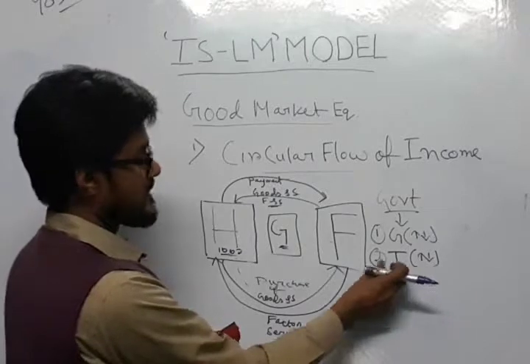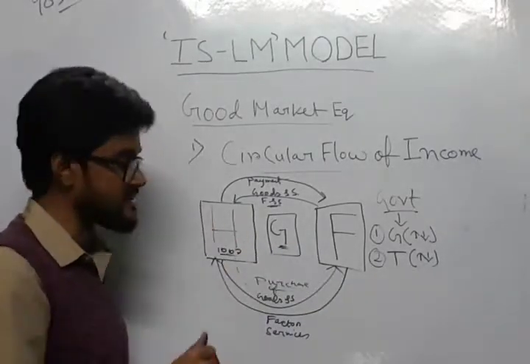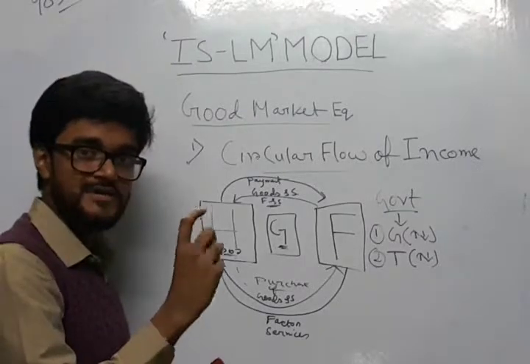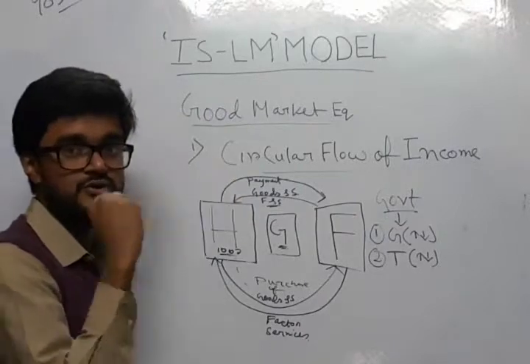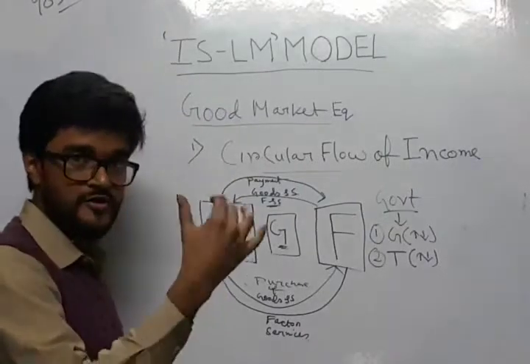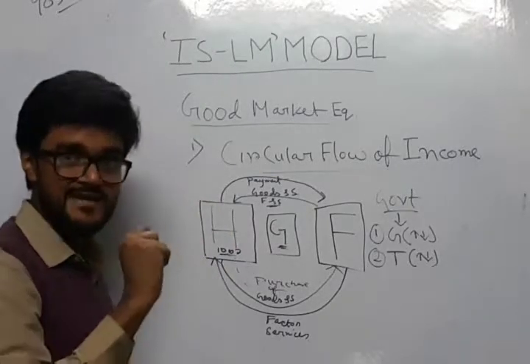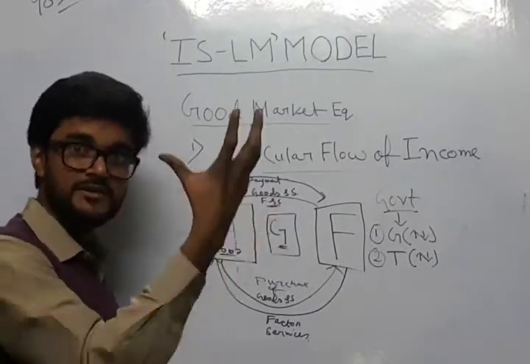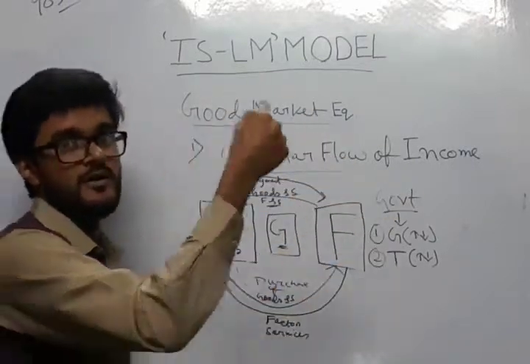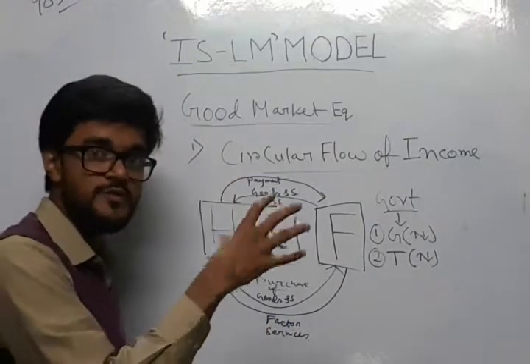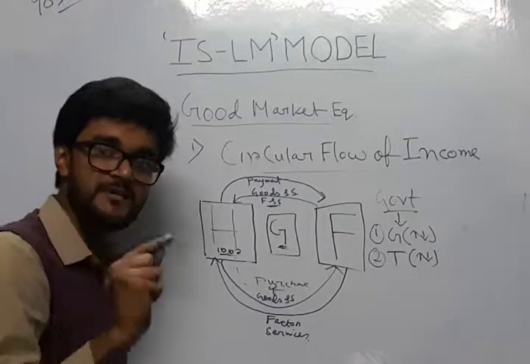Now, suppose a household holds 1000 rupees. Now say the government has charged 10% tax on that income. That is, from 1000 rupees you have to give 100 rupees to the government. Now, due to imposition of tax, what will happen? The income, the 1000 rupees, which has to be circulated again to the firm, will get down to 900 rupees because of 10% tax.